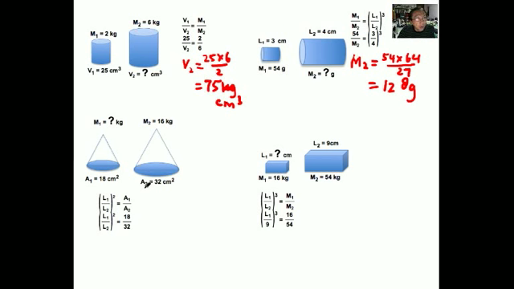In the next example, we do not have the lengths, neither do we have the volumes. We are only given the base areas. We need to find the ratio of lengths in order to find the ratio of volumes. From the ratio of areas, we can find the ratio of lengths, which is L1 over L2 equals 3 over 4.